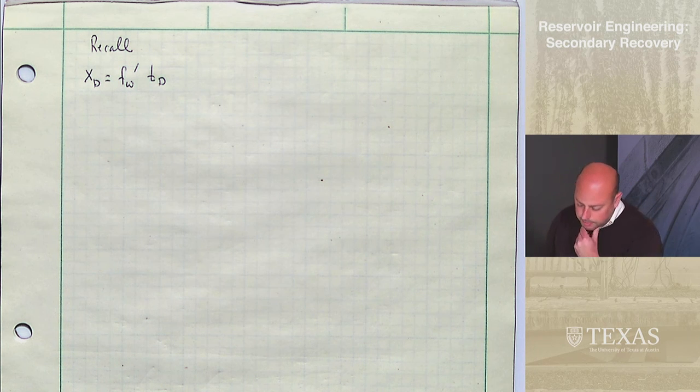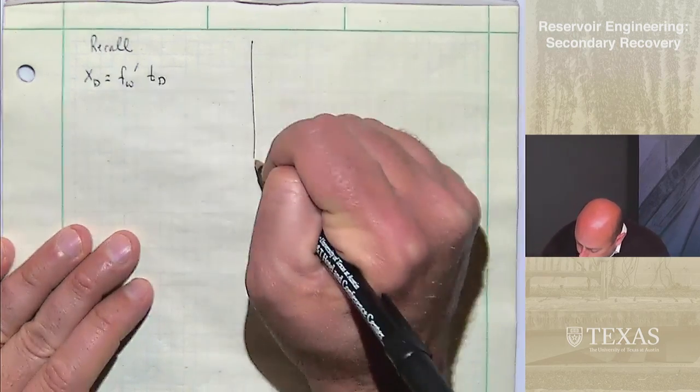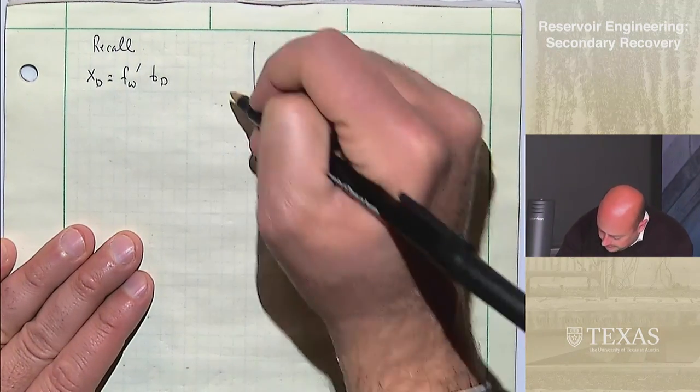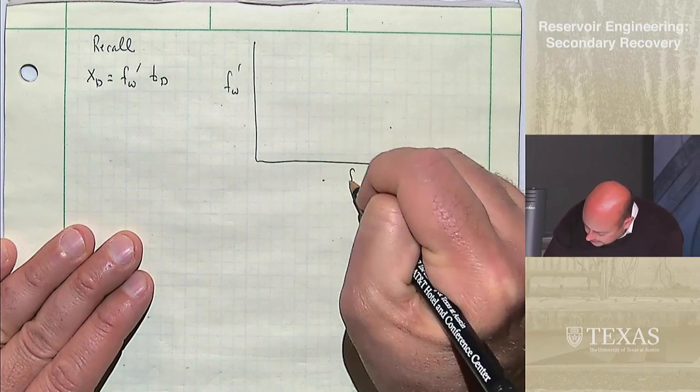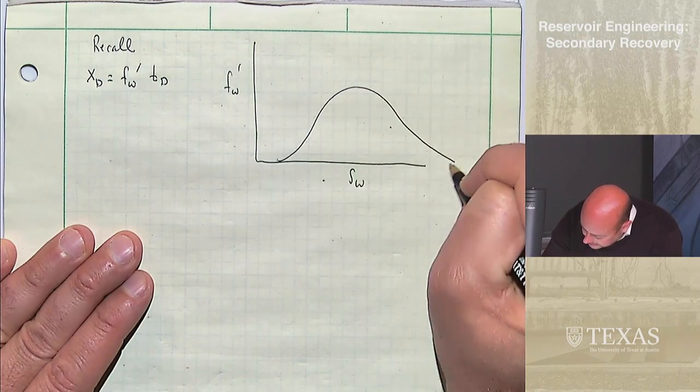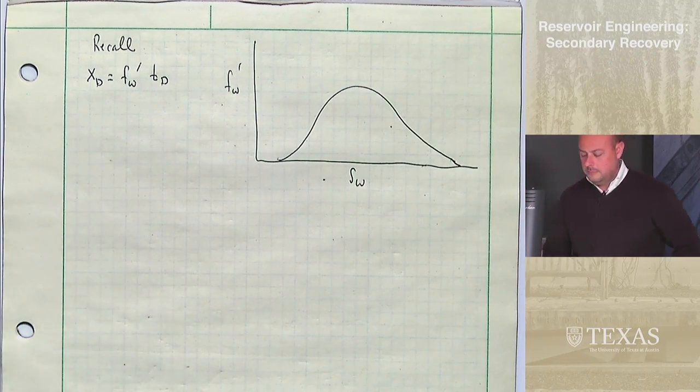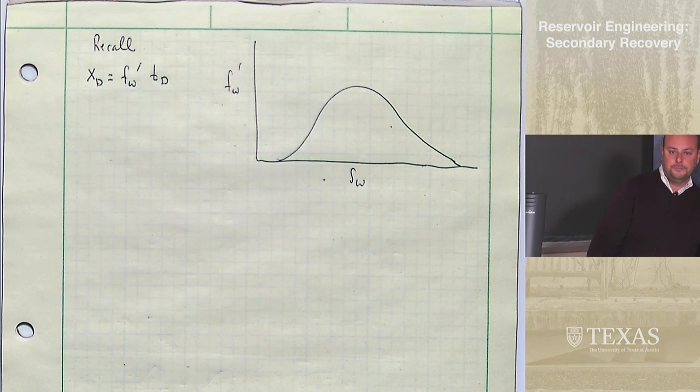There is a little problem though. My plot of FW prime versus SW, as we've seen, looks something like this, right? It goes through a maximum.